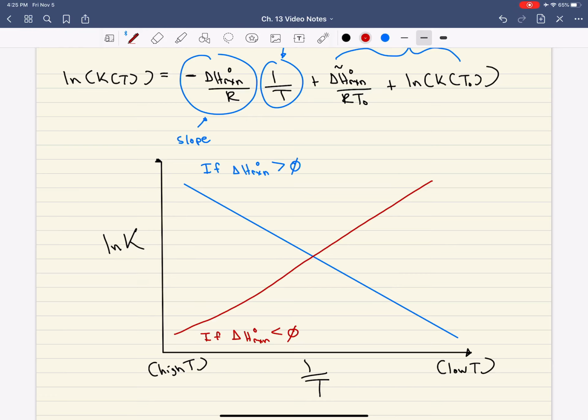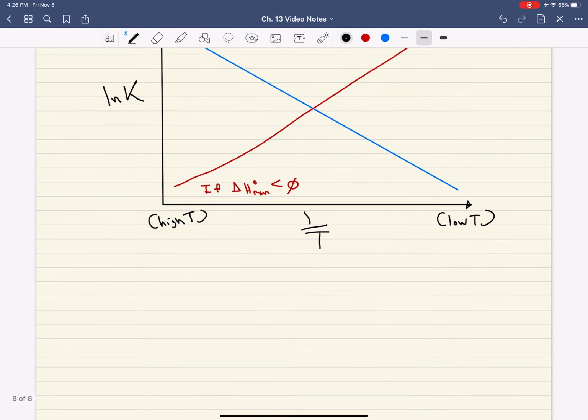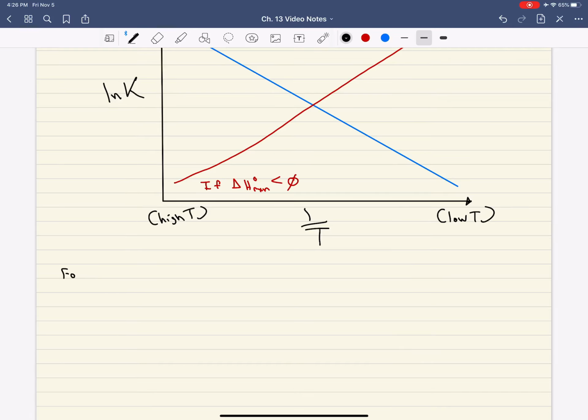In other words, as we increase temperature from low to high temperature, we would see a decrease in the equilibrium constant, and we would see more reactants produced. Okay? All right.